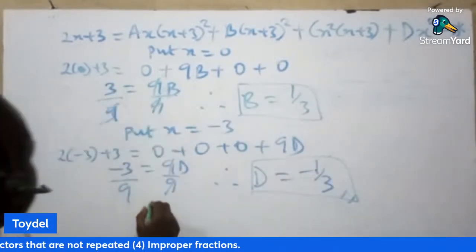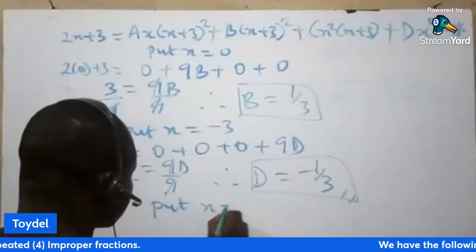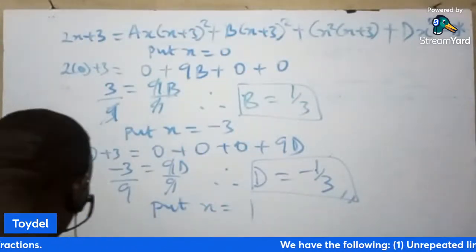So we can now put S to be equal to, let's say 1, a neutral value.